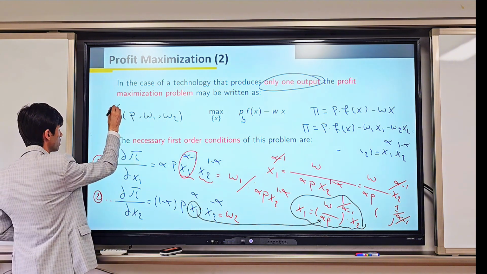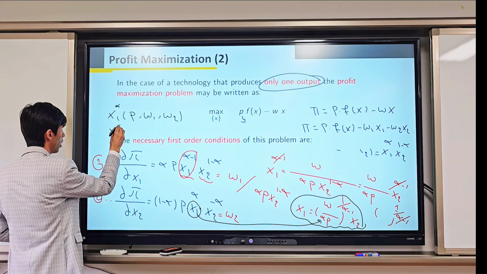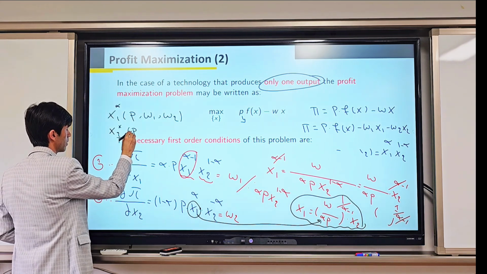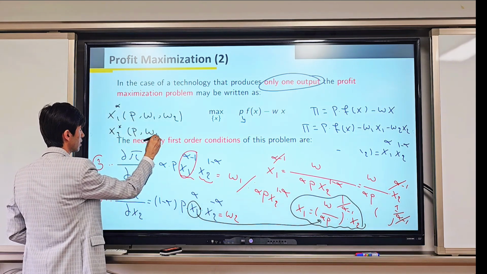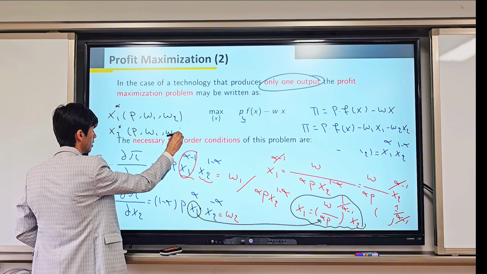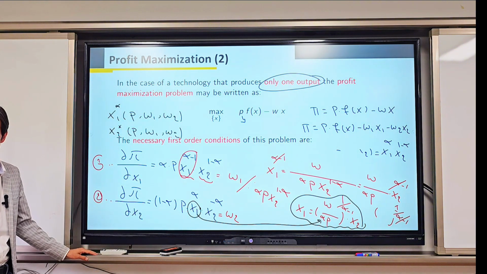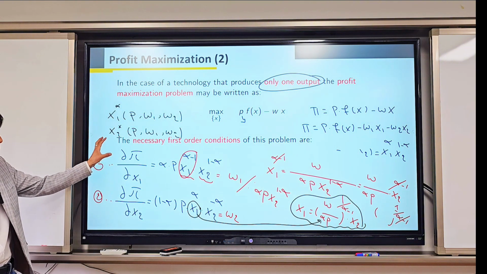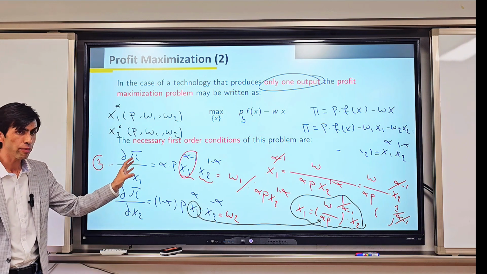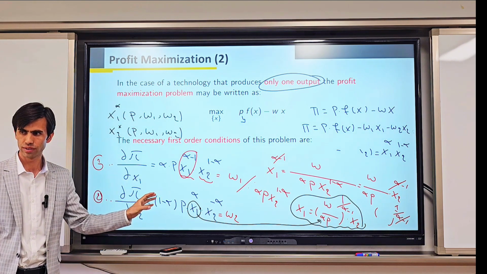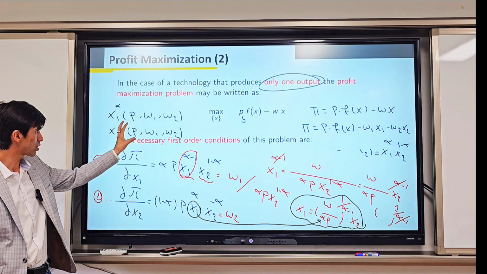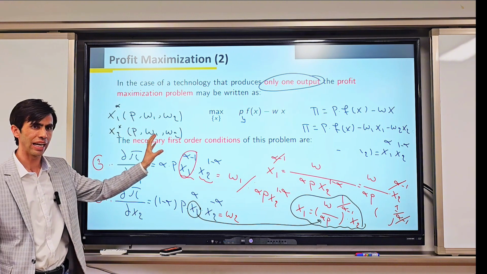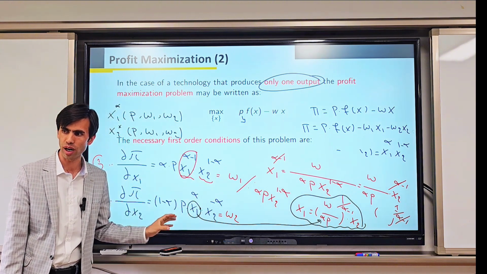At the same time, for x2, we will also have some function of p, w1, and w2. So this is the optimal level of input demand with respect to the output price and input prices to maximize our profit.